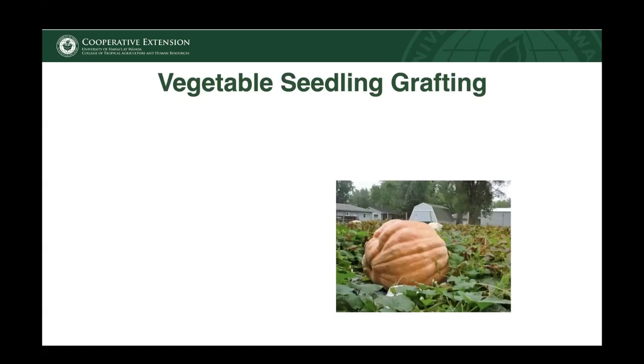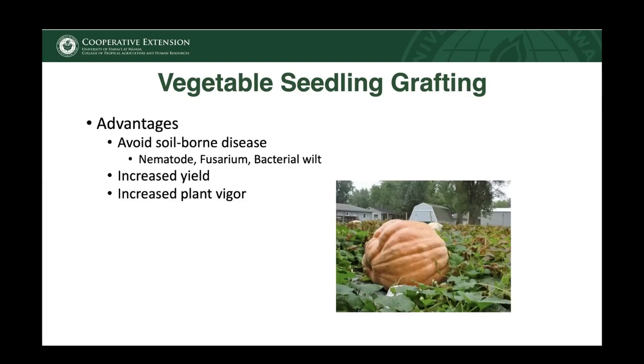Because we were talking about seed production, I want to start with vegetable seedling grafting. Some of the advantages: you can provide more tolerant plant material to soil-borne diseases and other things like nematodes if you graft a good variety onto a more resistant rootstock.